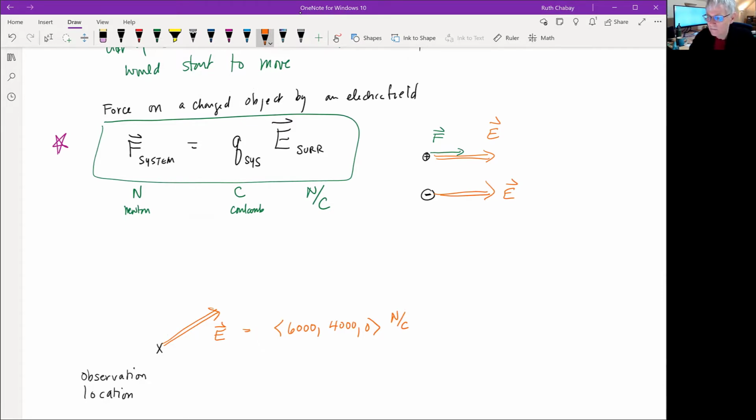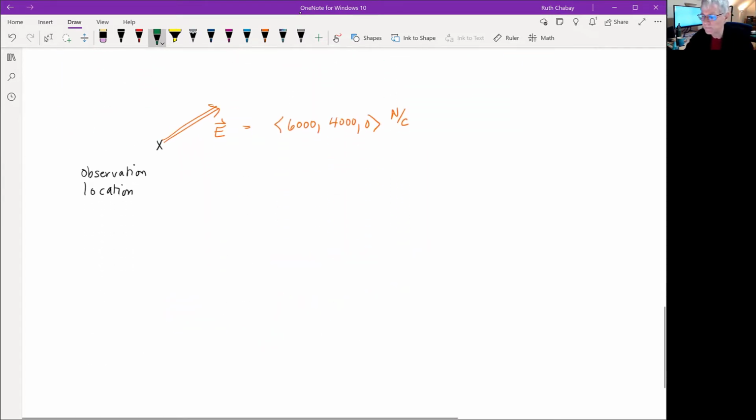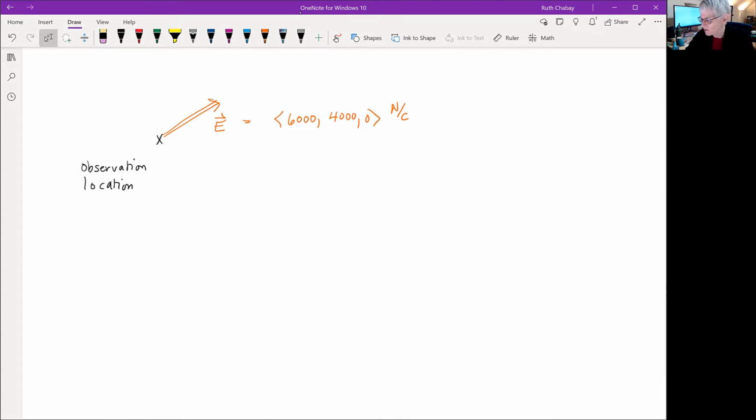Well, the electric field still has the same value, but now the charge of the system becomes negative. And we're multiplying this electric field by a negative scalar, the charge on the negative charge, and so the force is going to end up being in the opposite direction, so algebraically it all works out. Coulomb is a capital C.